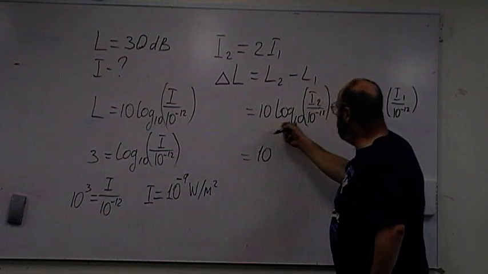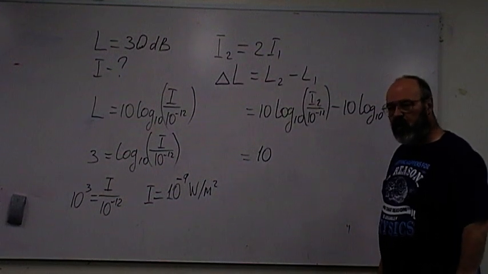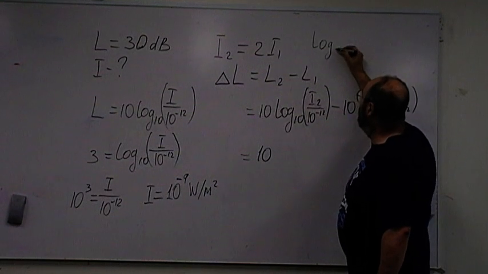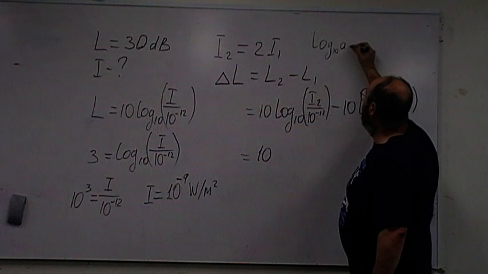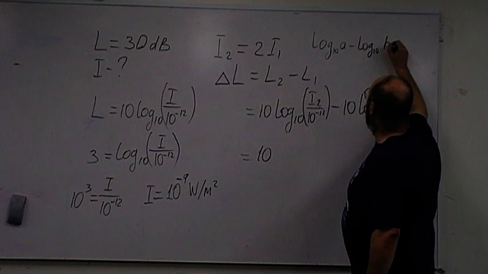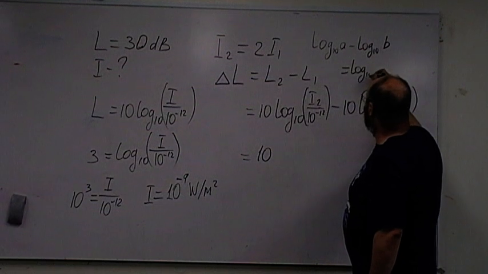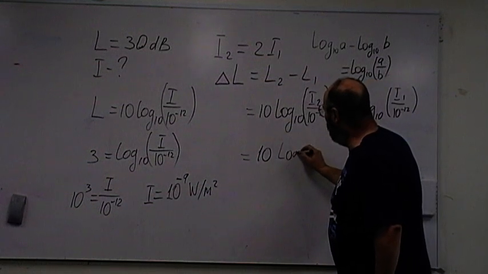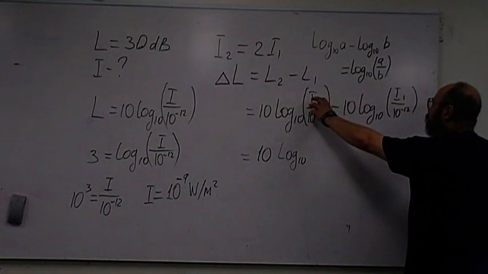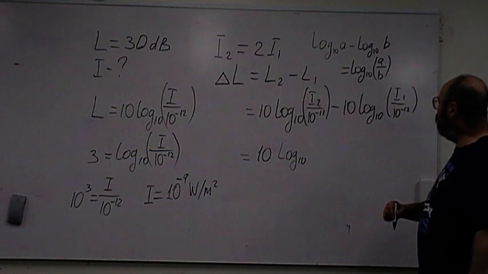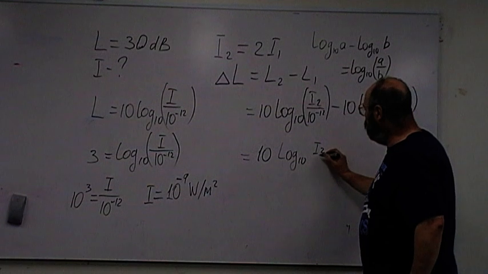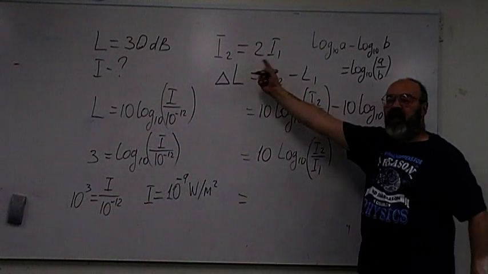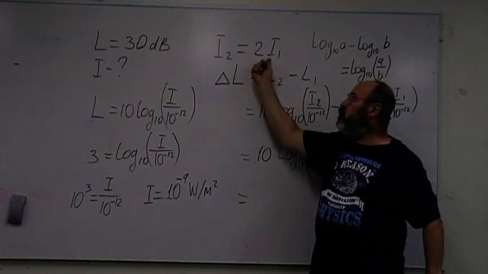You can take 10 as a common factor, and with the logs there is a rule: when we have log 10 of A minus log 10 of B, that's equal to log with the base 10 of A divided by B. So we will have 10 log with the base 10, and 10 negative 12 cancels out, and we'll have I2 over I1.